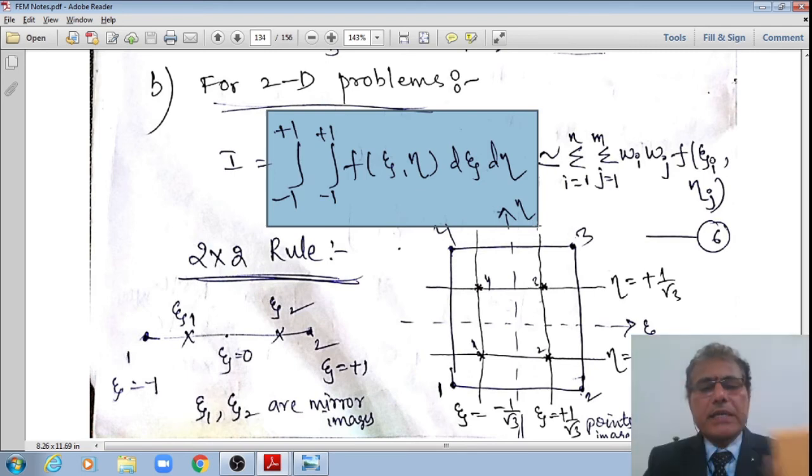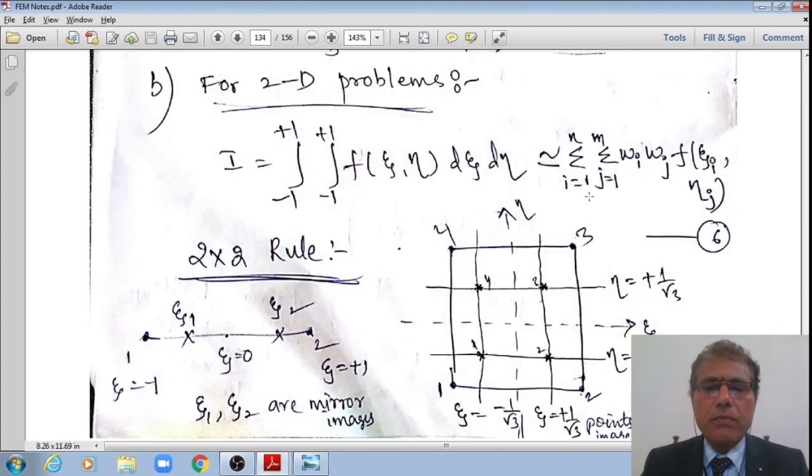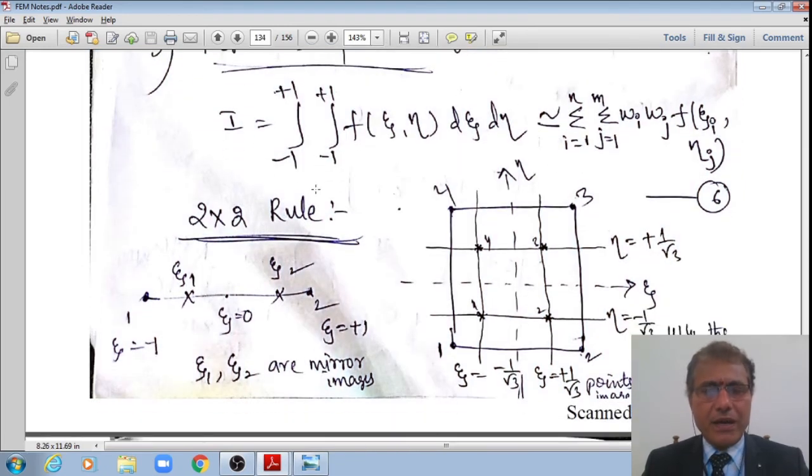It is approximately equal to the summation i equal to 1 to n, summation j equal to 1 to m, wi wj multiplied by f of xi i eta j. Let it be given by equation 6, where wi wj are the weightages, and xi i eta j are the sampling points.